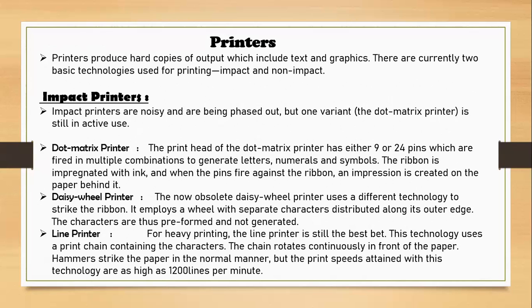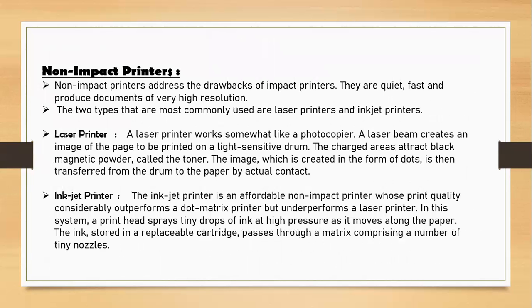You have to explain the type of device and based on what technique or technology it's based on, or how it produces the characters on the paper. These are all important aspects you need to remember, and we expect them as part of your answer in the test. And non-impact printers include laser printer and inkjet printer.